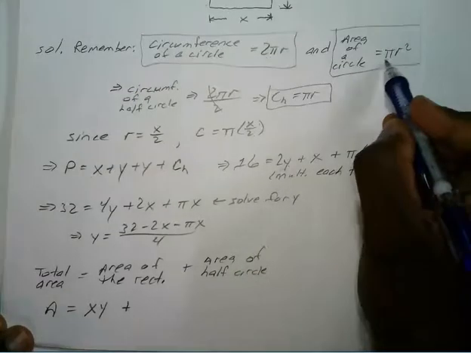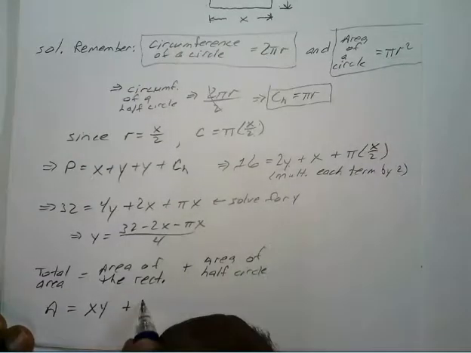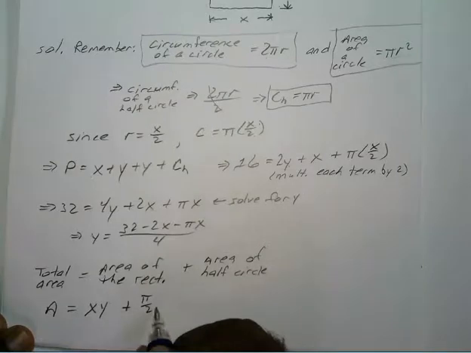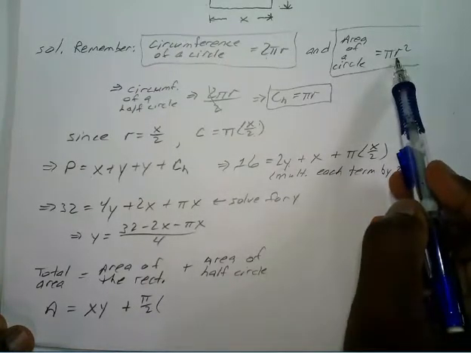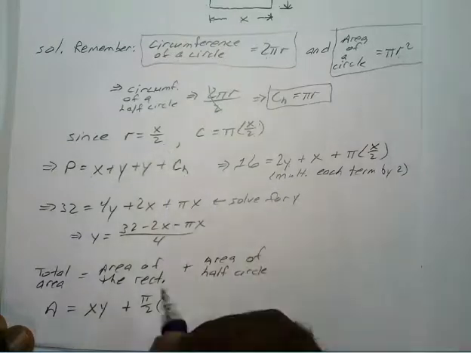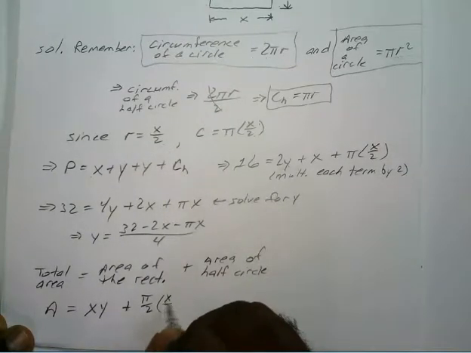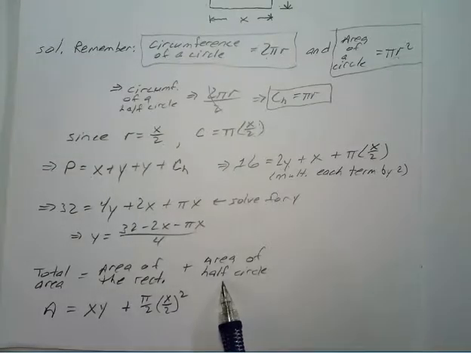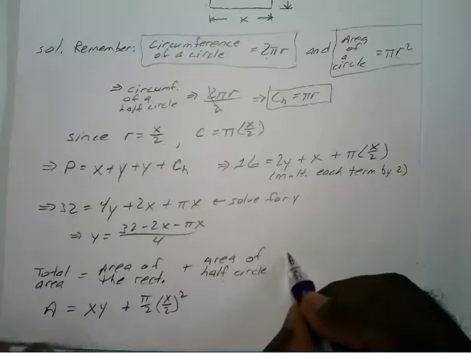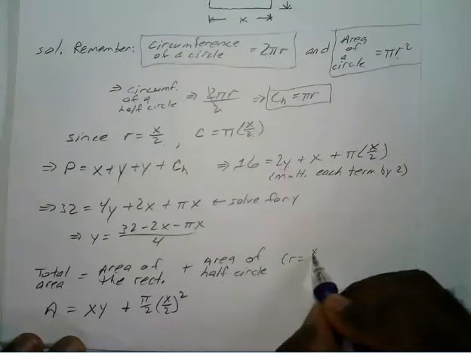So if we divide that by 2, we have pi over 2 times our radius squared. Now our radius, we already figured out, is x over 2. So that's x over 2 squared. Remember, this is the area of the rectangle, and this is the area of the half circle once you replace the radius with x over 2.